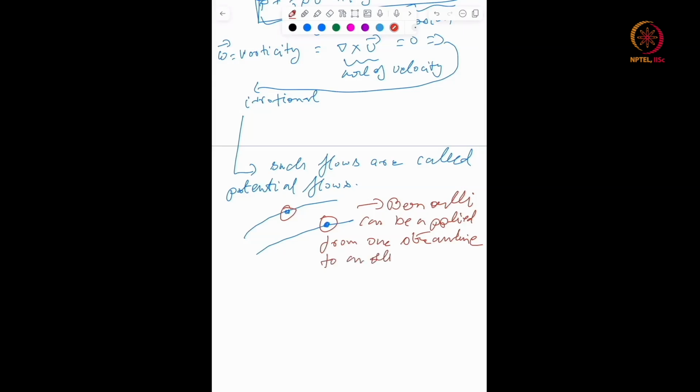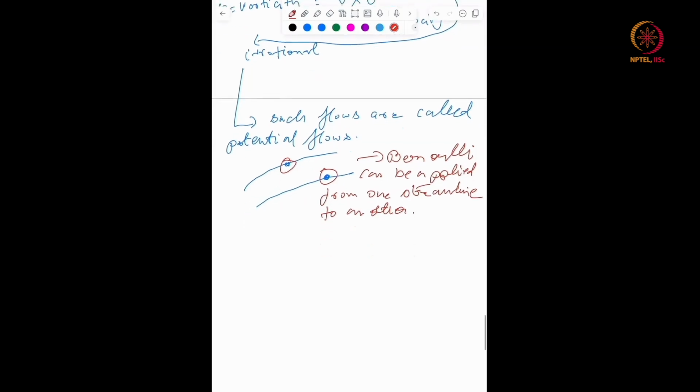This is important. Potential flows are very commonly used in aerodynamics. The potential flow is very well known in aerodynamics, right?